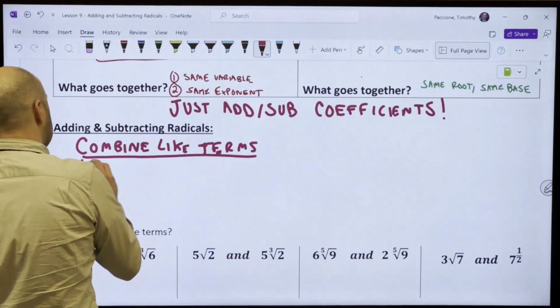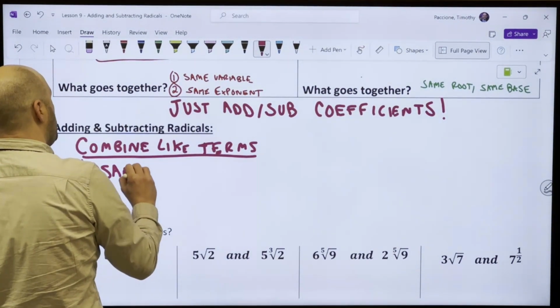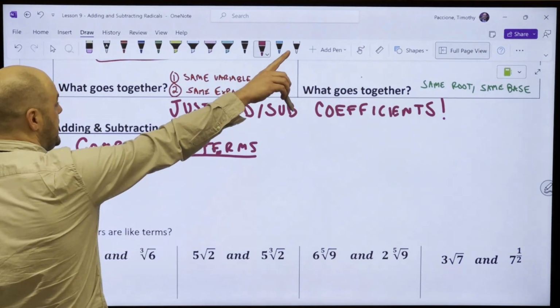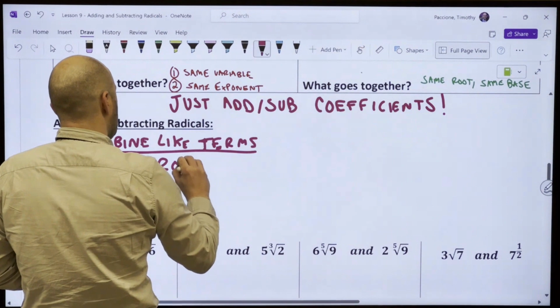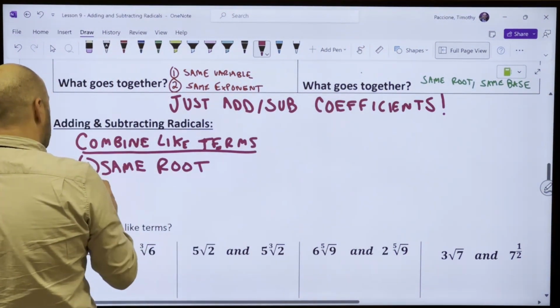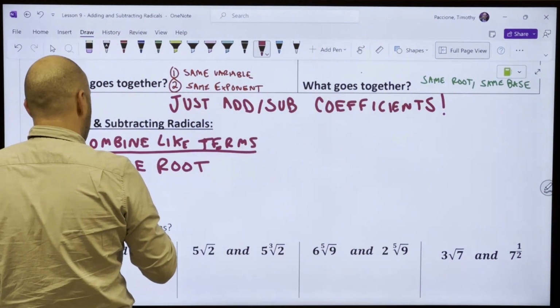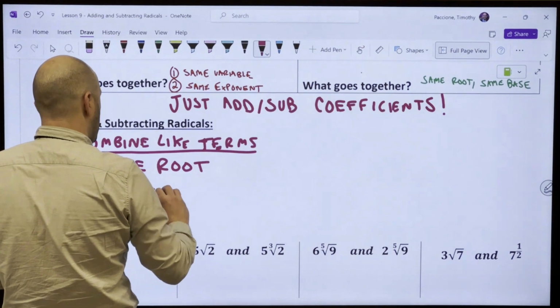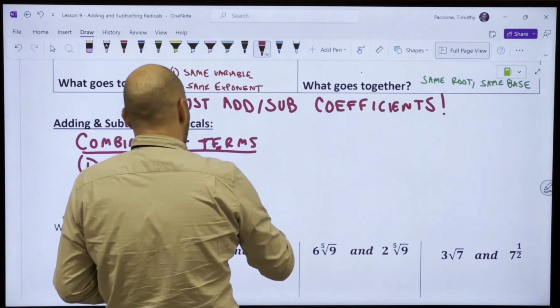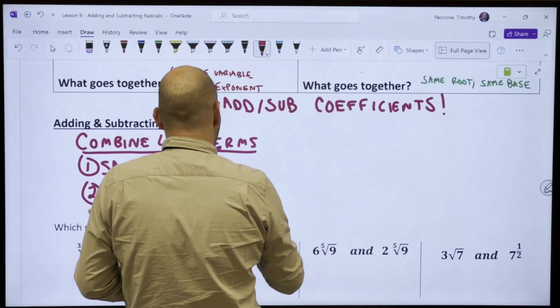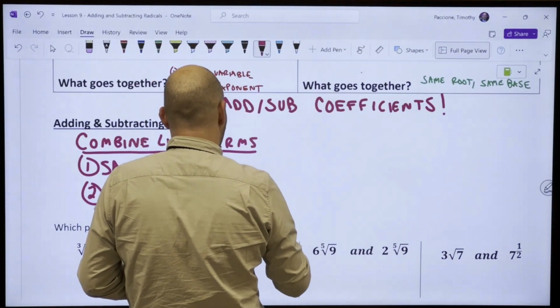We want the same what? What was the first thing we said had to be the same up there? The root. And then also the same radicand, or in other words, base. If it was in exponential form, we'd call it a base, right?